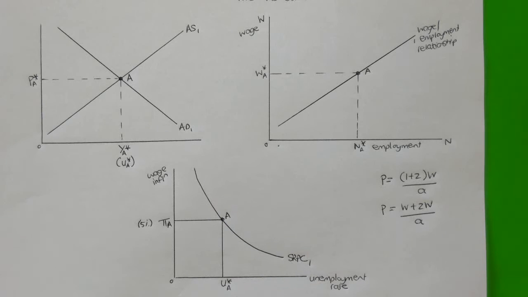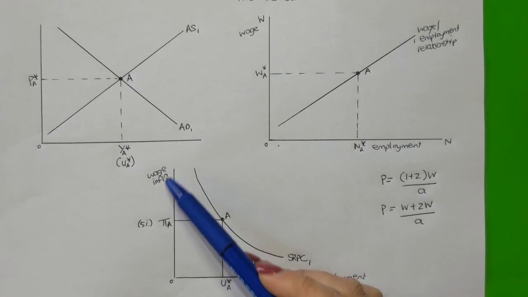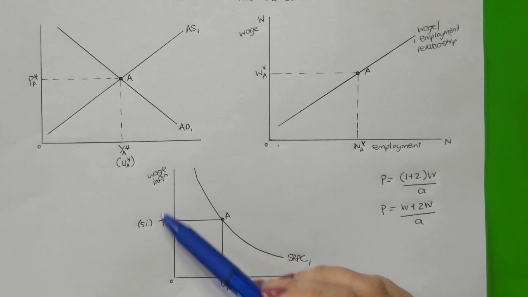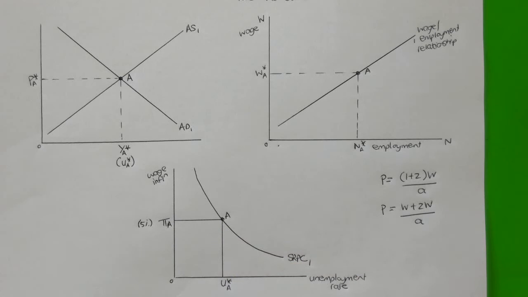Remember, the short-run Phillips curve shows the relationship between unemployment rates and inflation, typically wage inflation in the economy, and it is inversely sloped because of the trade-off that typically exists between wage inflation and the rate of unemployment. Typically, the higher the rate of wage inflation, the lower the unemployment rate, and the lower the rate of wage inflation, the higher the unemployment rate.